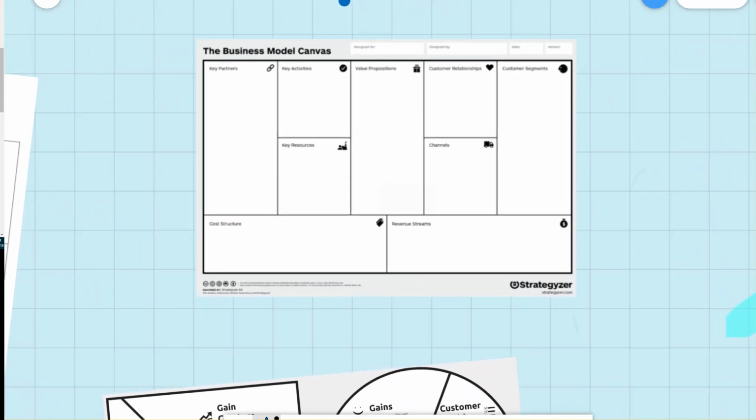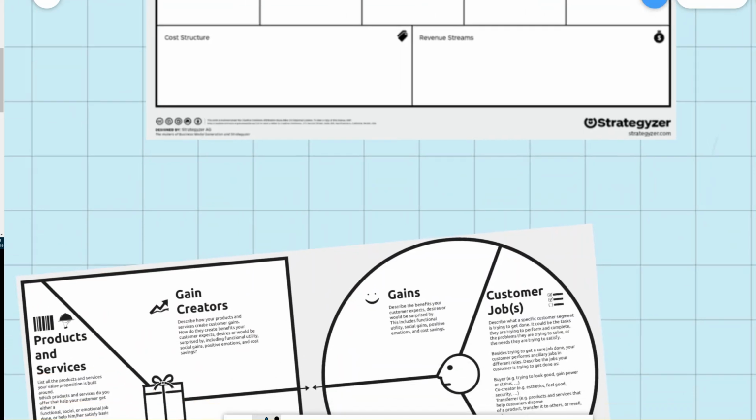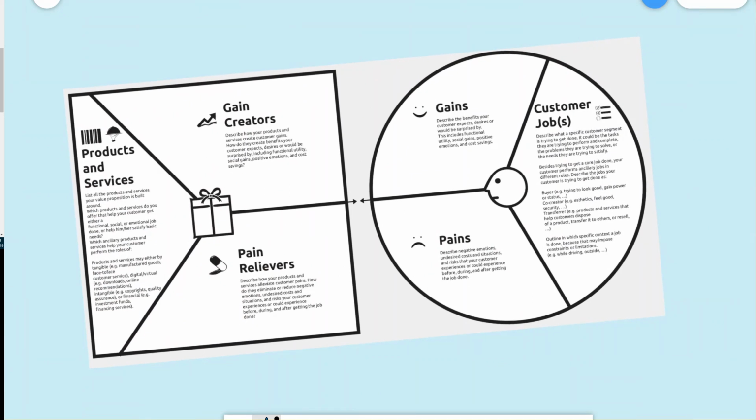Additionally, of course, this is in the business model canvas too, because you have the value propositions. And the value propositions need to be unique value propositions, or they have to have some sort of thing that differentiates you so that, again, team members might join you, or partners might want to be with you, or customers will choose your product and service in exchange for their hard-earned dollars. And of course, it also connects into the value proposition canvas where you're specifically looking for the products and services that you're going to be offering that create gains or relieve pains for customers who are trying to do their, quote, jobs, right?